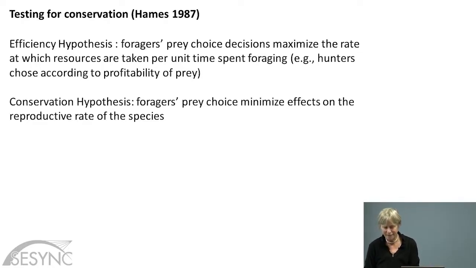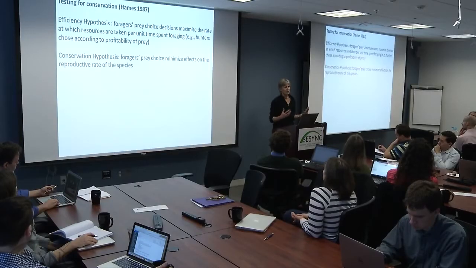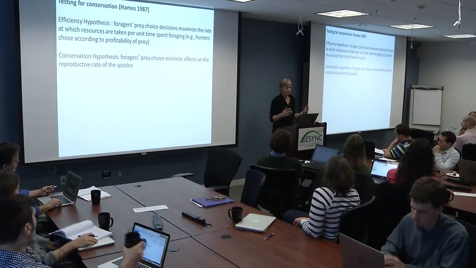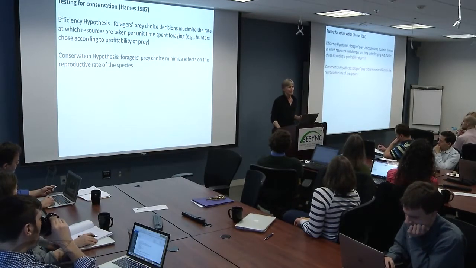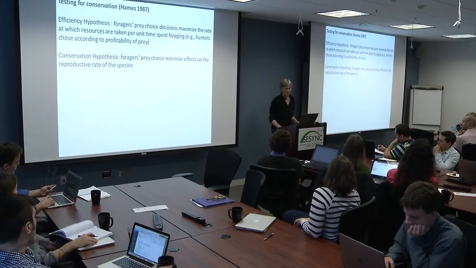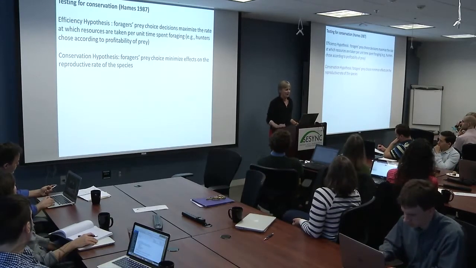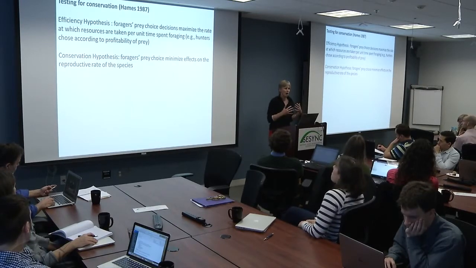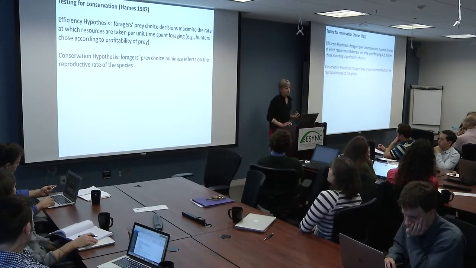He did this because in the 1980s a lot of anthropologists were still adopting the ecological noble savage mythology that I talked about yesterday. So he really wanted to find a way to see whether or not people were restraining their use of natural resources.